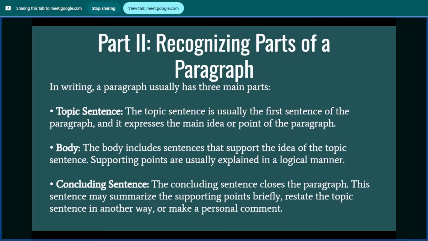Then we will include the body. In the body, we will have the logical explanation of things, and that's where we'll give examples which will support the main idea that we have put forward in the first sentence. And then the last sentence will briefly summarize or restate the main thing that we stated in the first part of the paragraph.